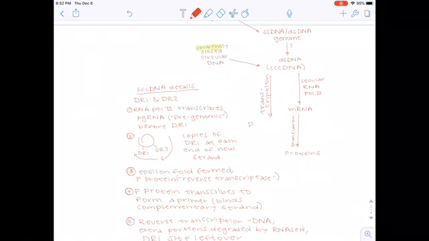Into the pgRNA. And then, sorry, this is a little messy. We have assembly.